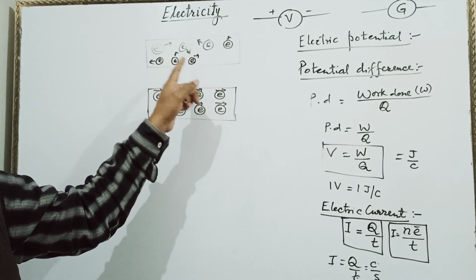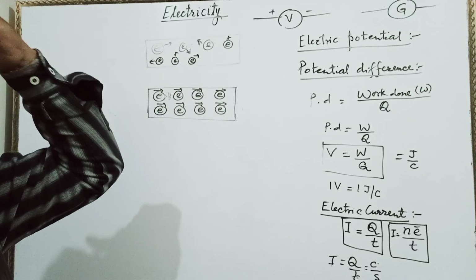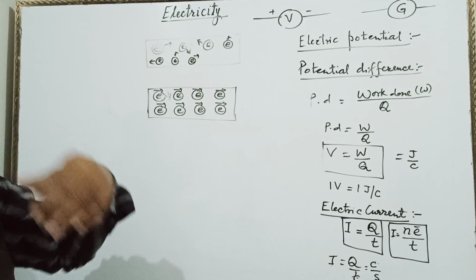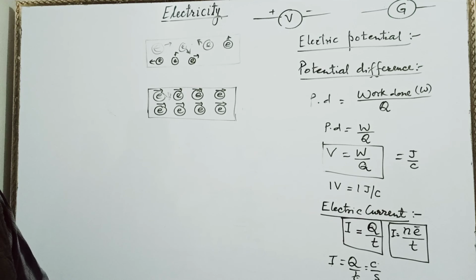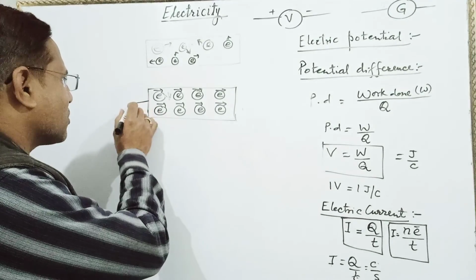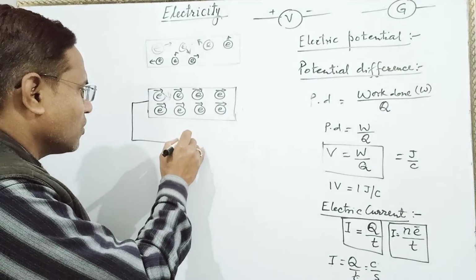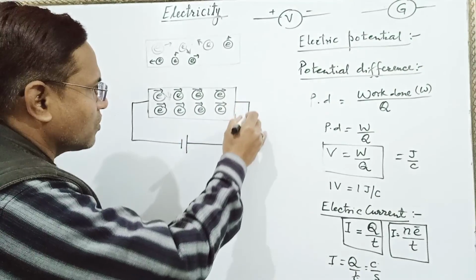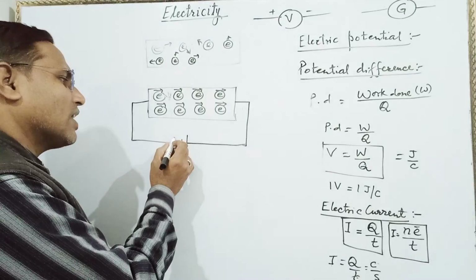But when they are connected to a source of electric current, let us say a battery or a cell, then what will happen? When it is connected to a source of electric current, they start moving from the negative end to the positive end of the wire. Suppose this is my cell, the source of electric current.